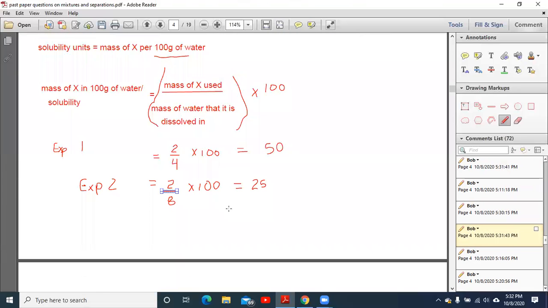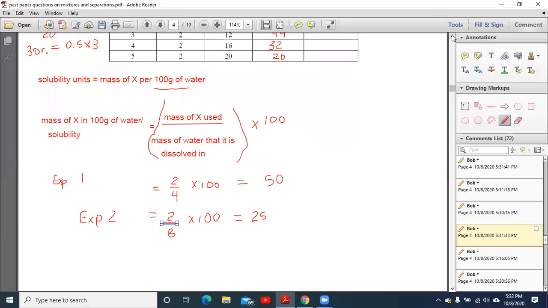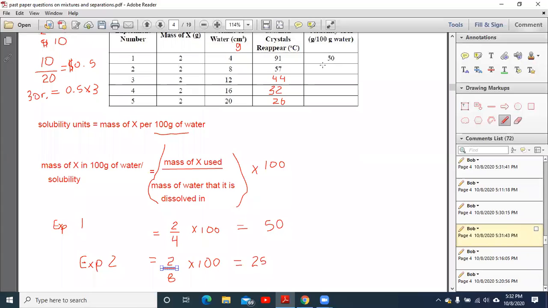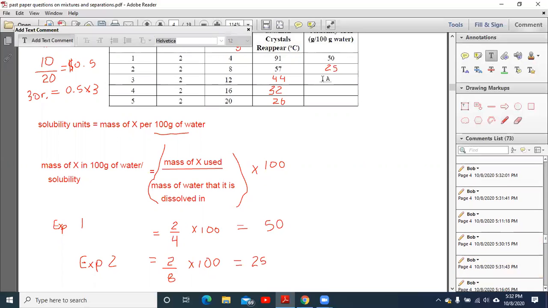You can do the same thing for all 5 experiments. Plug in your values and you will get the solubility. 25, let's type it. 25.